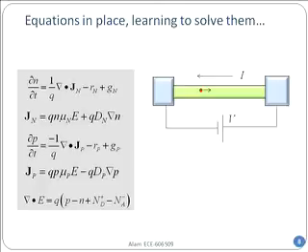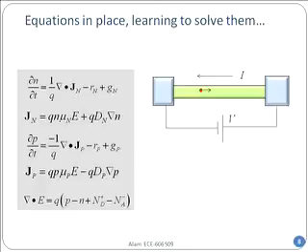Generation rate, most of the time it's a certain flux, a certain number that will be given. Let's say a cosmic ray is hitting your device. It will generate a certain electron hole pair. So that will be a given number. And you can see that mu n and D sub n, these are constants, right? So I have 3 partial differential equations.